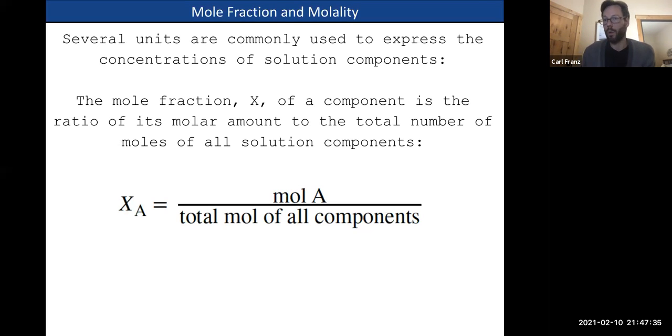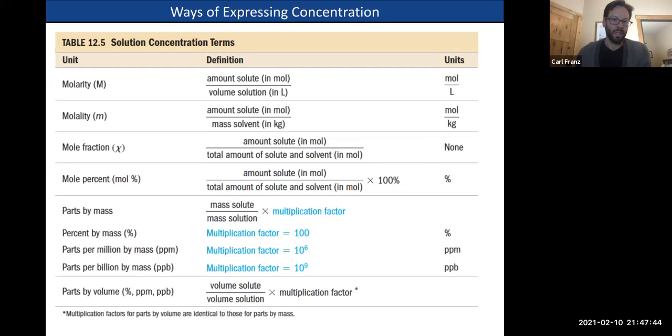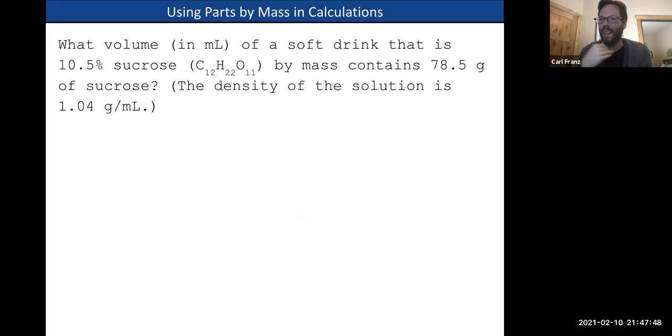The denominator is going to be both solute and solvent moles combined. This is that table that breaks it down, and then jumping into different problems, okay?